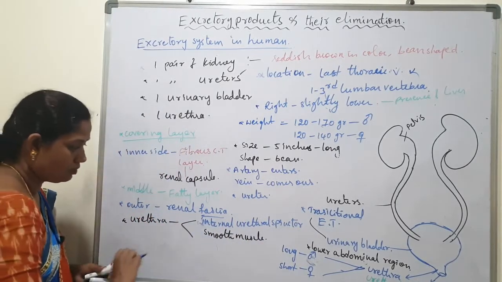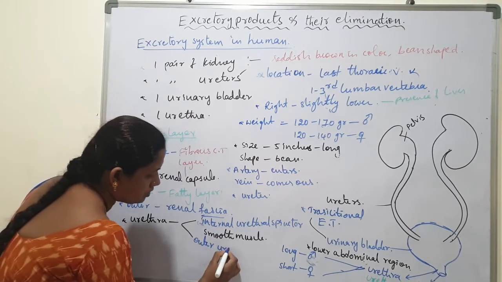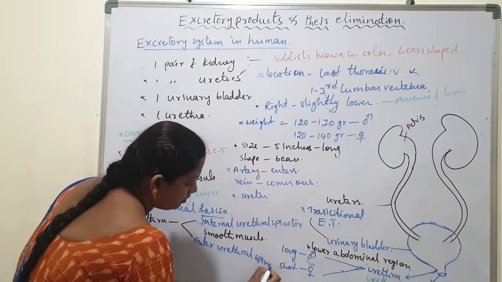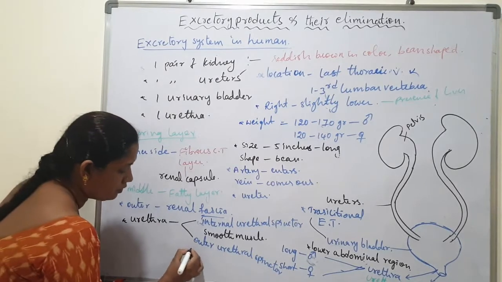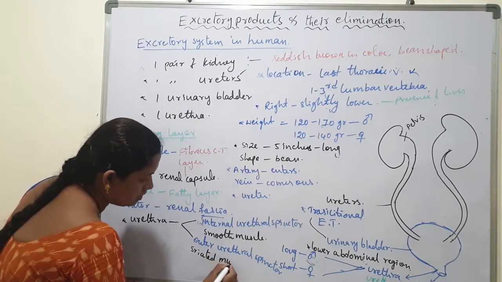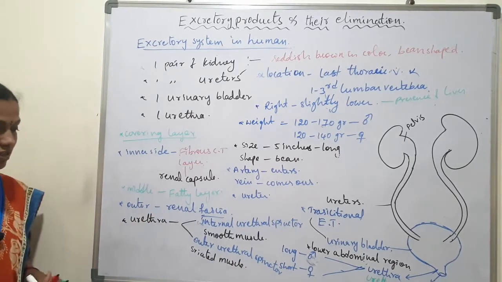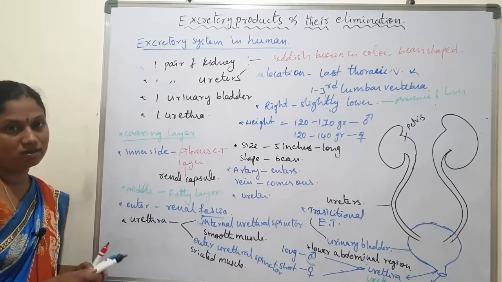Next, the outer urethral sphincter. It is made up of striated muscles. So the urethra has these two sphincters: the internal urethral sphincter and the outer urethral sphincter.